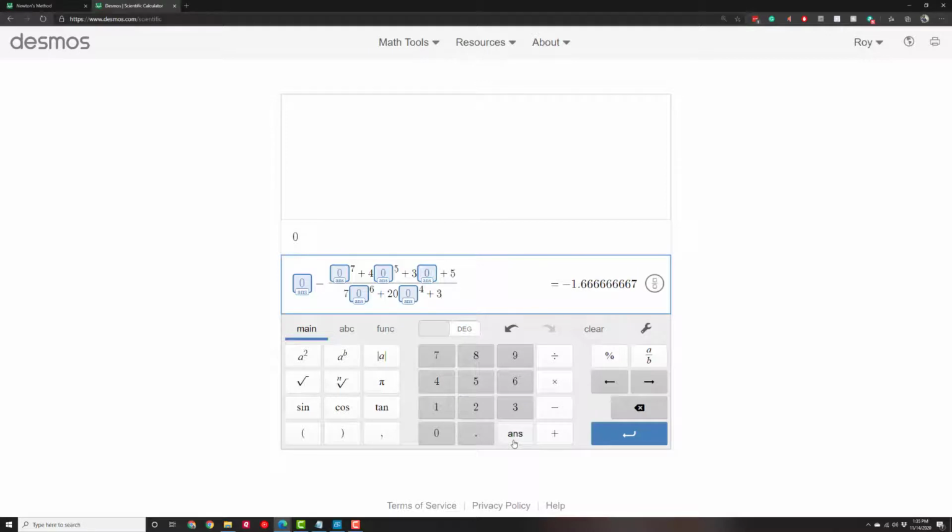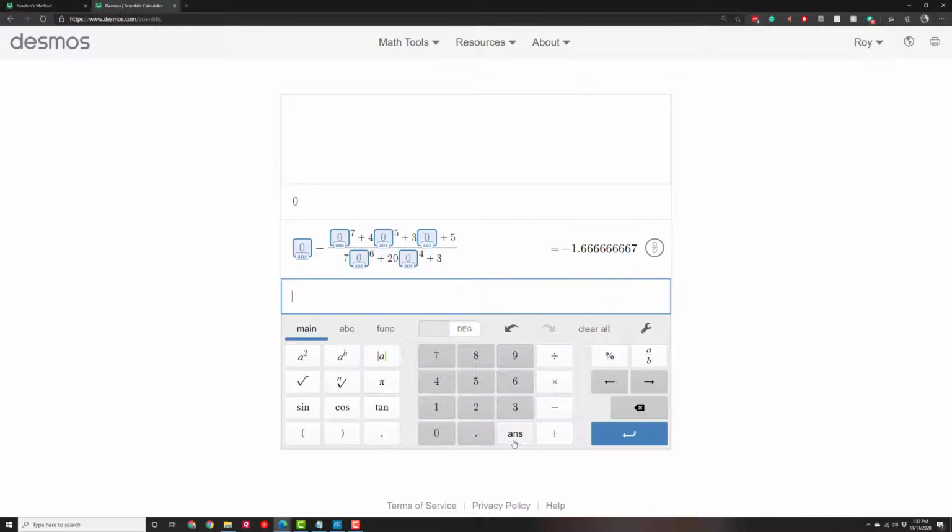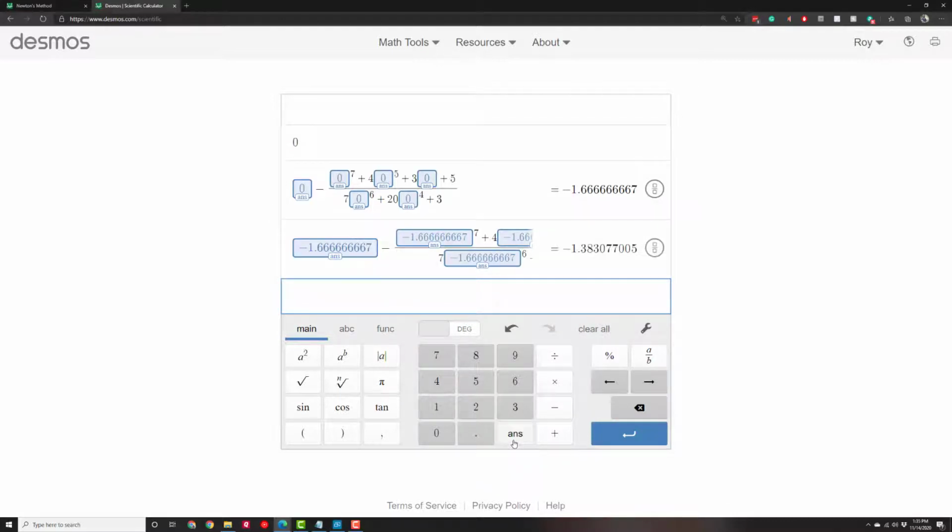Now remember, our initial guess was 0, and our second guess, x sub 2, was -5/3, which is -1.6. And normally with a calculator, if you keep hitting enter, it'll repeat what you just did. So it took my last answer, -1.6667, right, and plugged it into the same formula. So that is now x sub 3 that you're looking at right here.